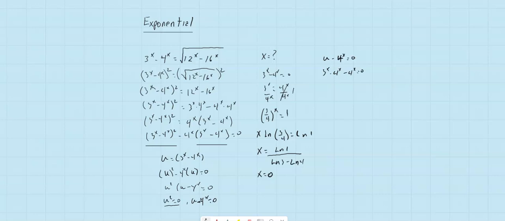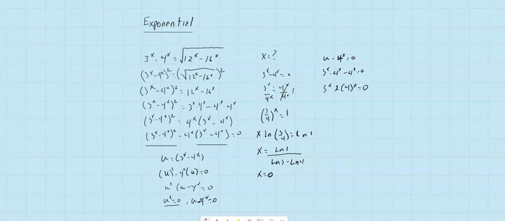So now I'm going to get an 8 right here, so it's going to be 3^x minus 2 times 4^x is equal to 0.